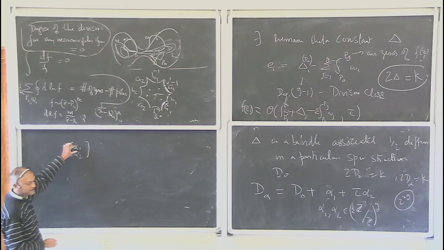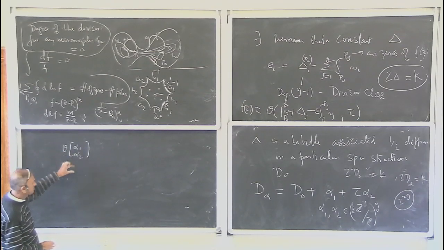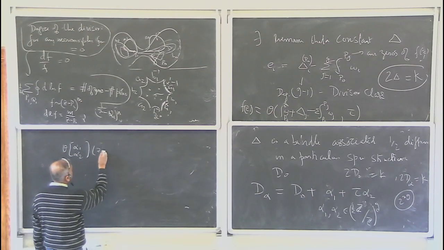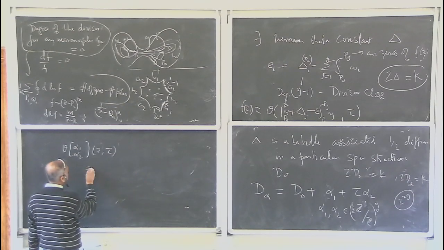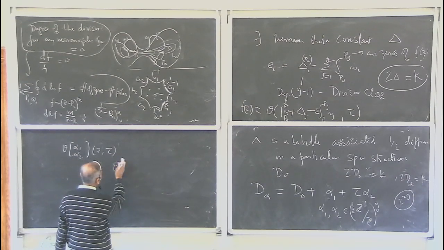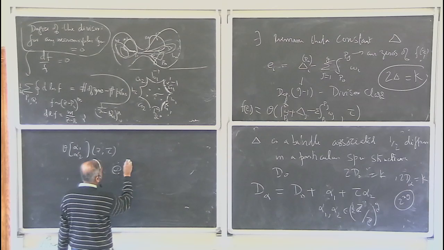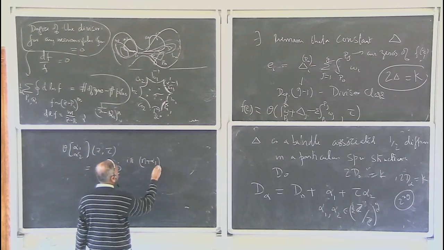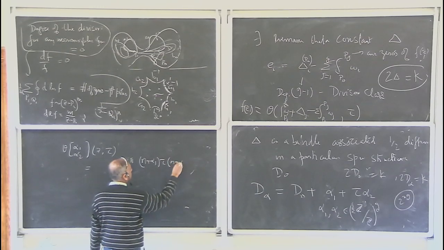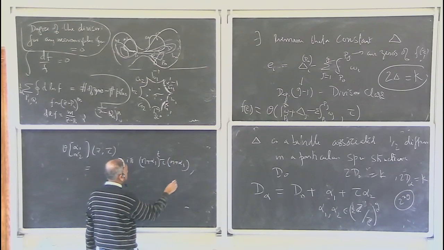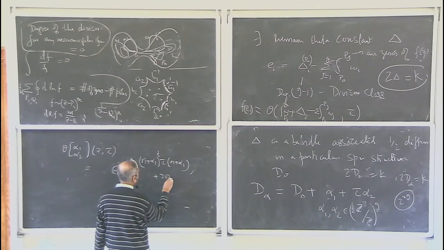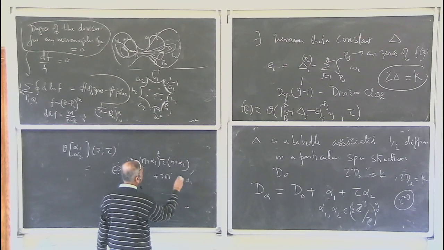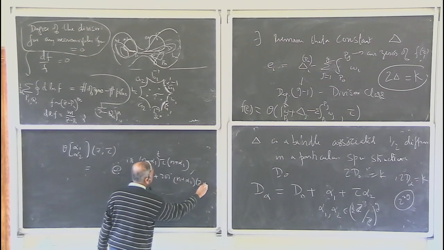There are g pieces of information here. Theta of z, tau will be simply the sum of e to the power of i pi (n plus alpha 1) tau (n plus alpha 1) transpose, plus 2 pi i (n plus alpha 1) (z plus alpha 2).